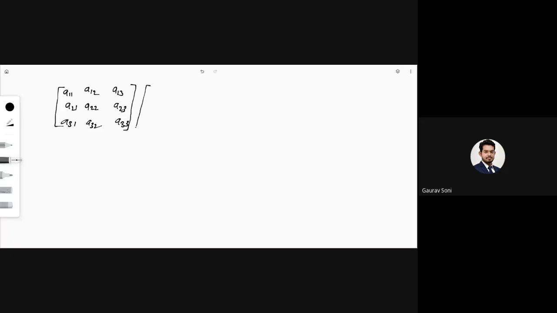So I will apply this matrix on every vector in a three-dimensional space x, y, z. So I am saying that I've got a new vector x dash, y dash, z dash. So this is nothing but a linear transformation.